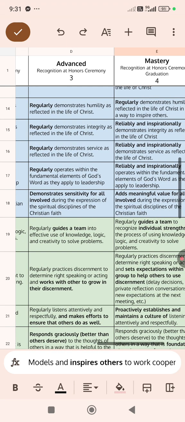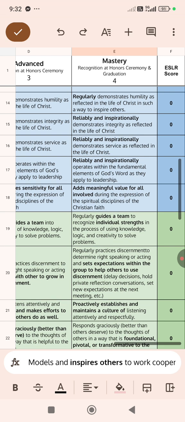Do you regularly demonstrate service? Regularly means you schedule this out. You're like, yeah, every Thursday I meet with this kid and I tutor. That is serving as reflected in the life of Christ. Reliably and inspirationally means we know it's there, it's going to happen, you've scheduled it, and maybe even other people are kind of interested in what you're doing.